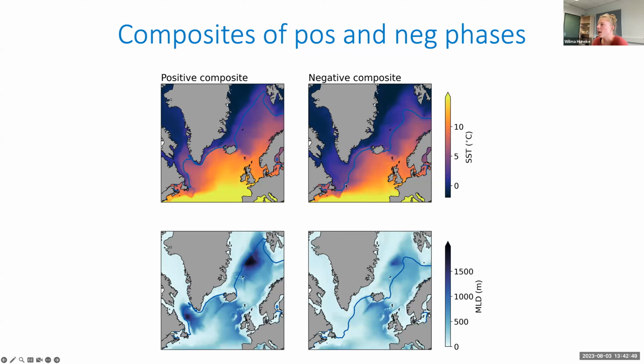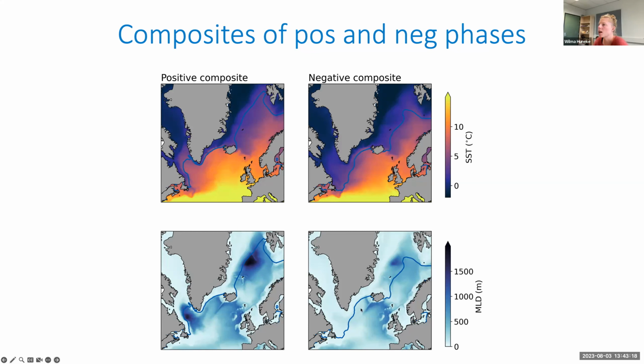And that's kind of the state that you saw in plots that I showed earlier, so for the whole, longer time mean. So what I show here is sea surface temperature. And then this dark blue line is the sea ice edge. And at the bottom, mixed layer depth. So very shallow or no deep mixed layers in the Labrador Sea because it's covered by sea ice.